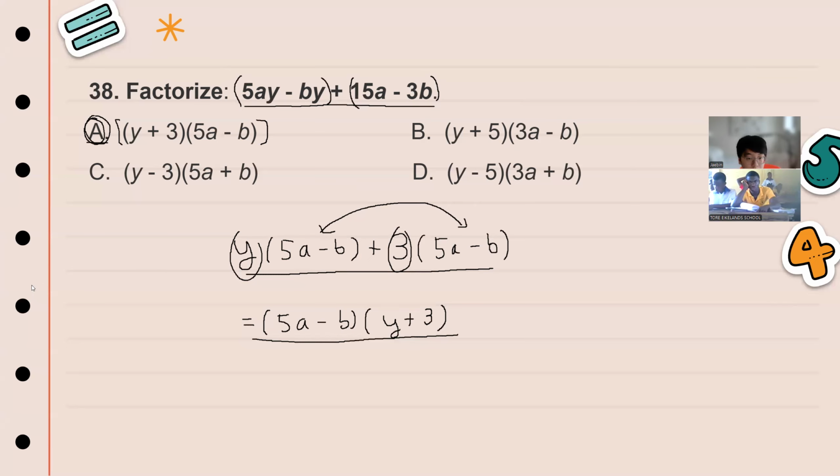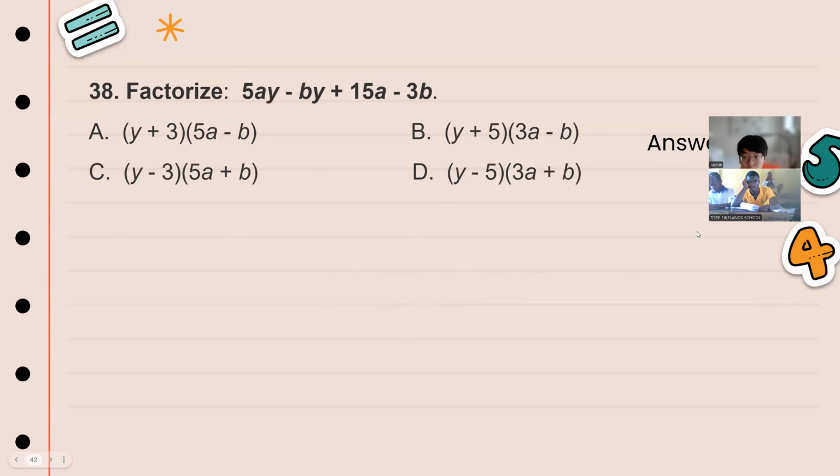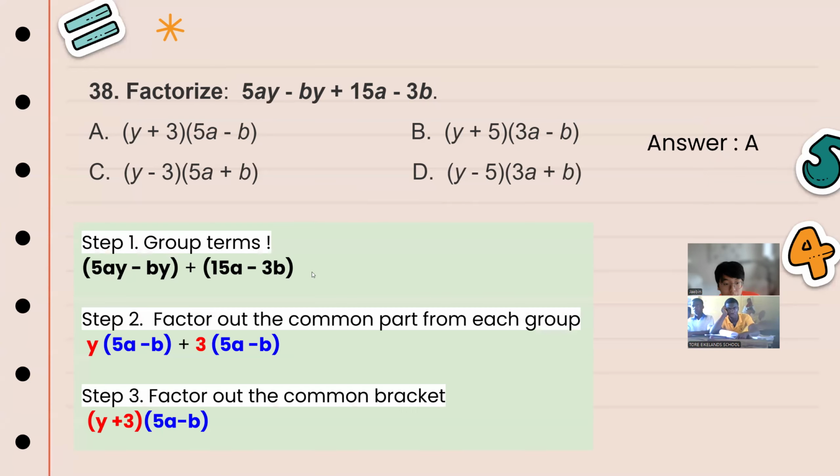I can show you the written explanation here. Step 1, you group the terms, the two terms in front and two terms in the back. Step 2, factor out the common part from each group. You can factor out y from the front, and factor out 3 from these two.